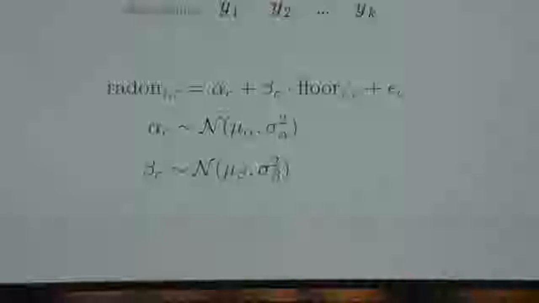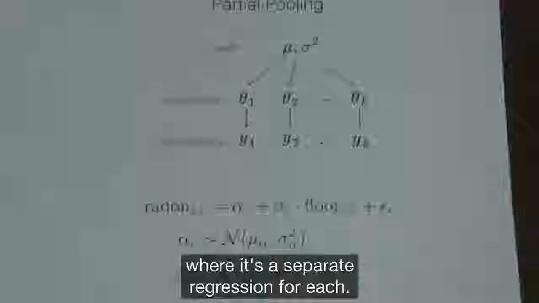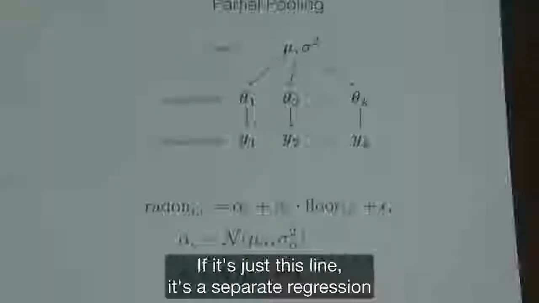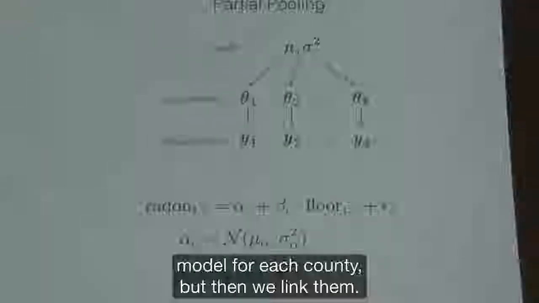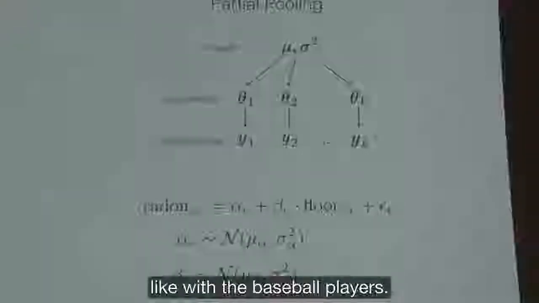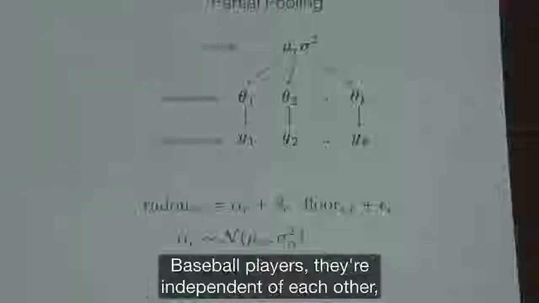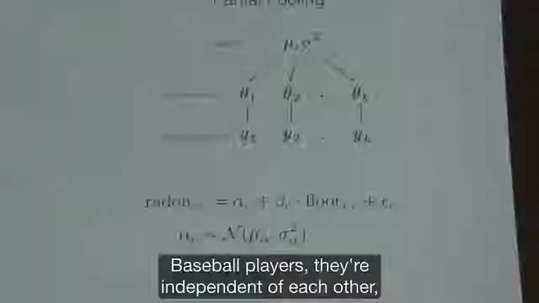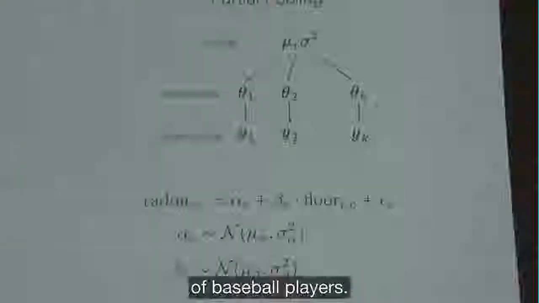And written out, as a more formal model, you could do something like this, where this is the same model we had where it's a separate regression for each. If it's just this line, it's a separate regression model for each county. But then we link them, right? We give them some common structure, like with the baseball players. Baseball players are independent of each other, but they still come from some underlying overall distribution of baseball players.